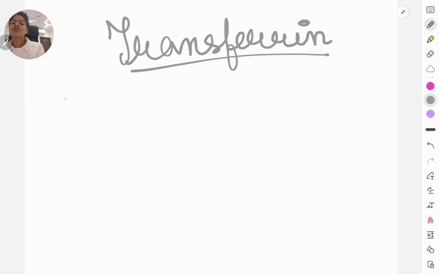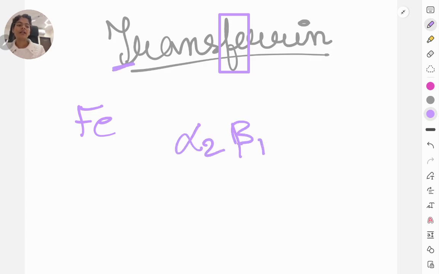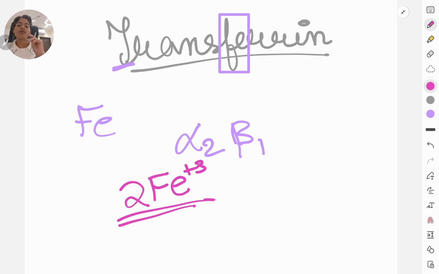Transferrin helps in the transfer of Fe, iron. As CT comes from here, it is also alpha 2 beta 1. Clear? It binds to the Fe plus 3 form, and one transferrin can bind to two molecules of Fe plus 3.